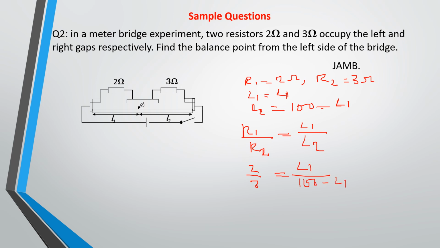Okay, so you can do your cross multiplication here, so that you have 2 multiplied by 100 minus L1 equals 3L1.